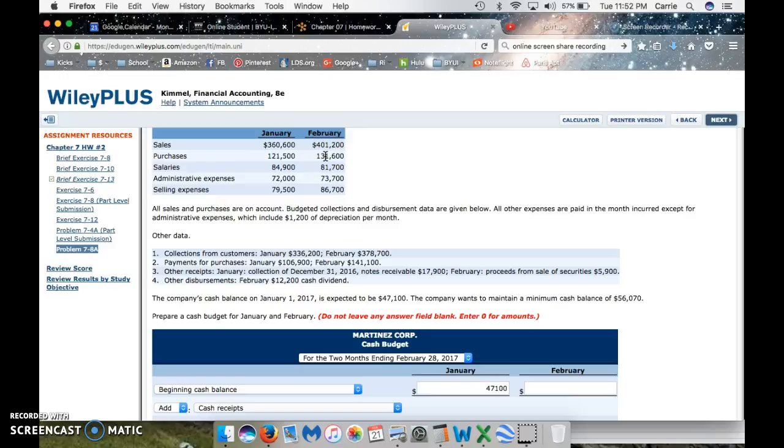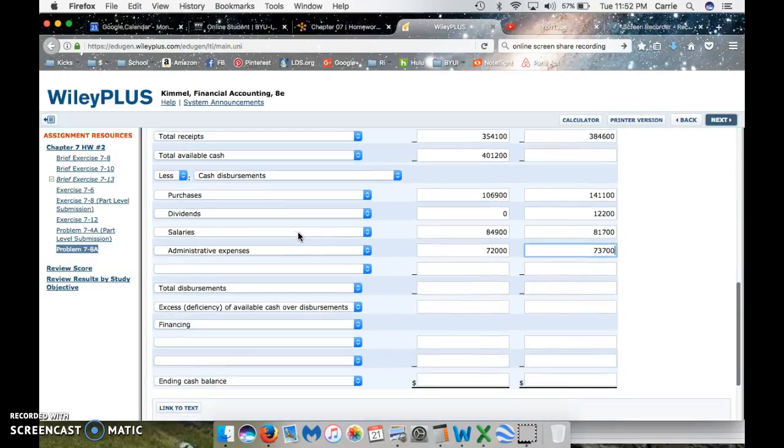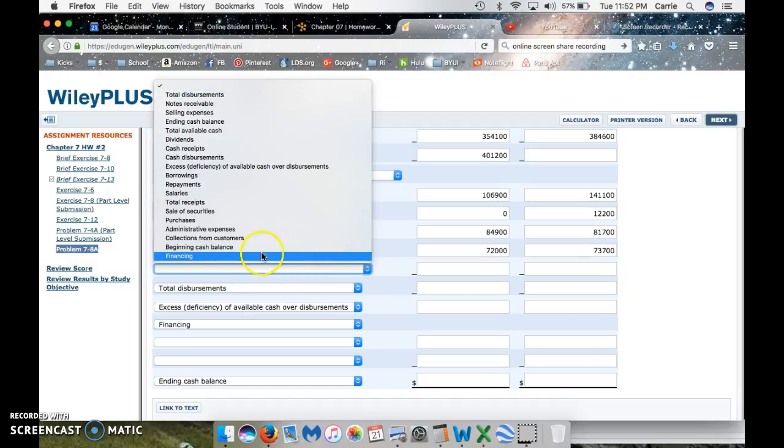There isn't anything that I could find anywhere that really explains these things, and there isn't another example that includes this particular combination of things for figuring out your budget. So let's see what it says here. We're not to financing yet. We've done that. Collections from customers, administrative, we did that. Purchases, we have one set of purchases.